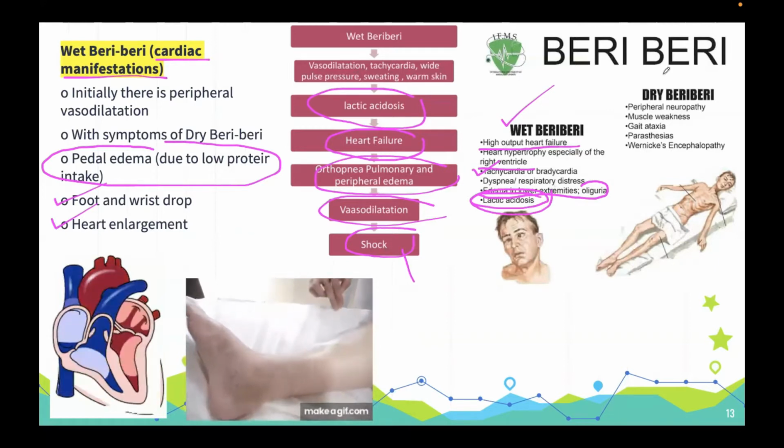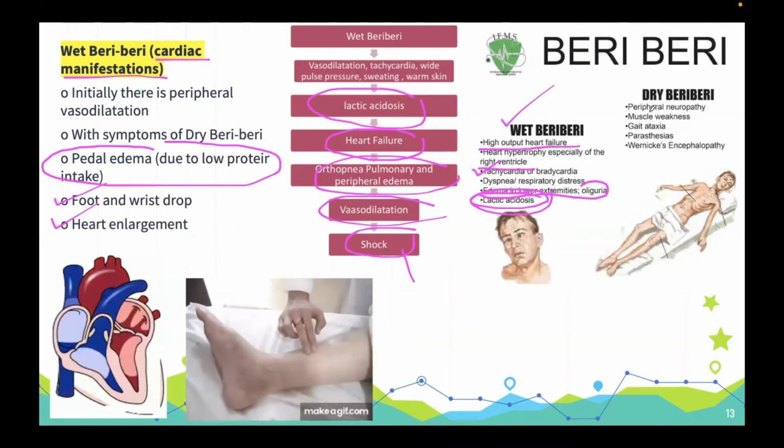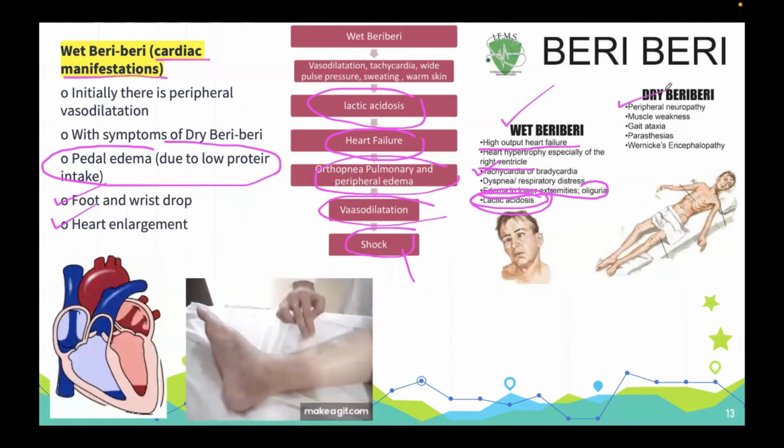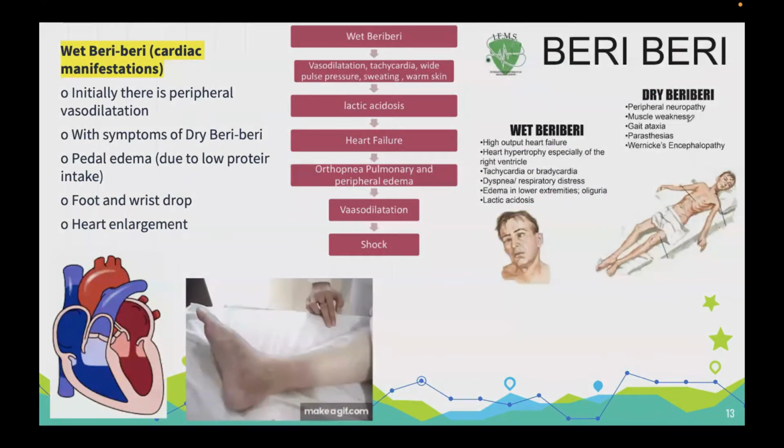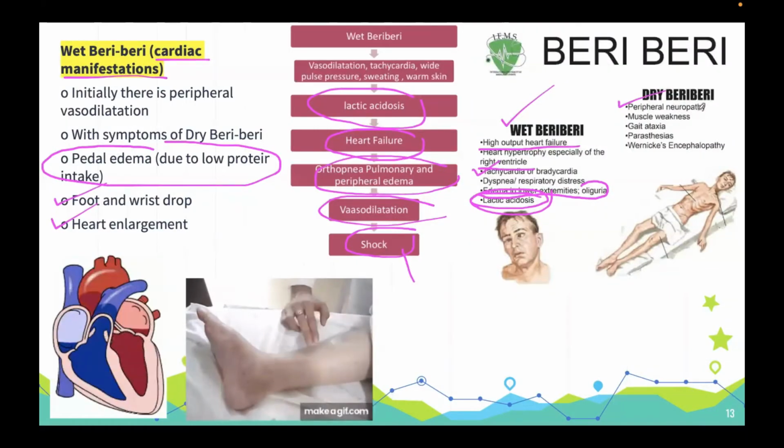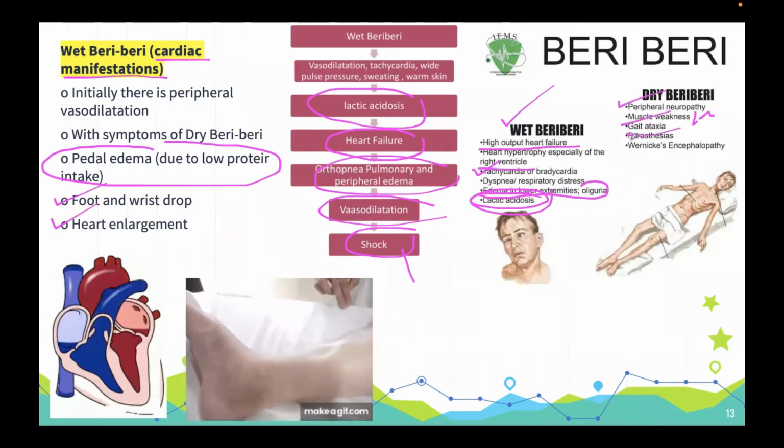Next, si dry beriberi naman, it mainly involves the peripheral neuropathy. Okay, ano pa bang involved dito? Yung tinatawag po natin na muscle wasting. Sama na din natin siya, or your muscle weakness. Okay, the ataxia. Paresthesias. Okay, and then your Wernicke's encephalopathy.